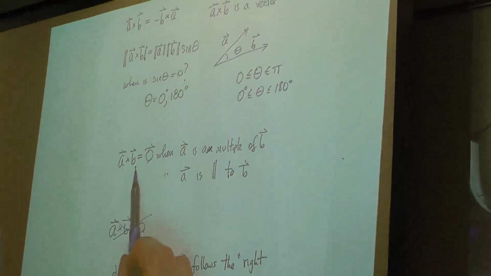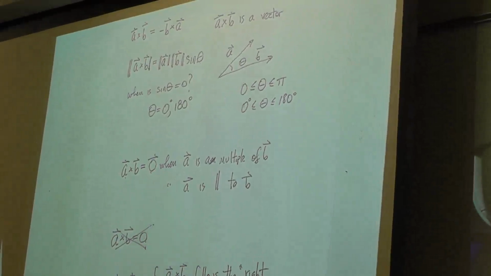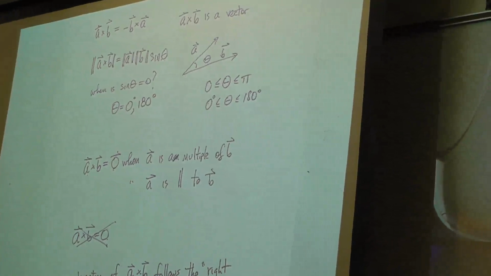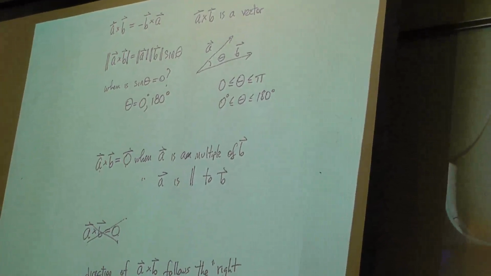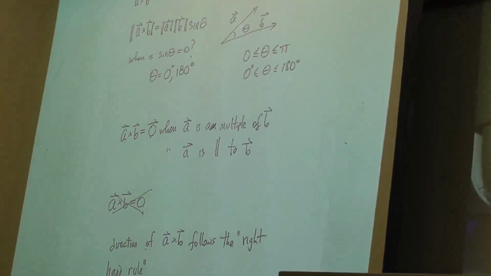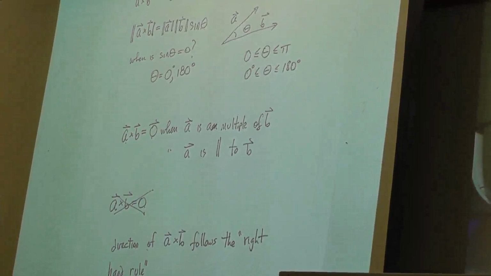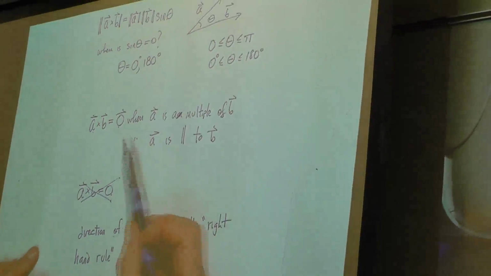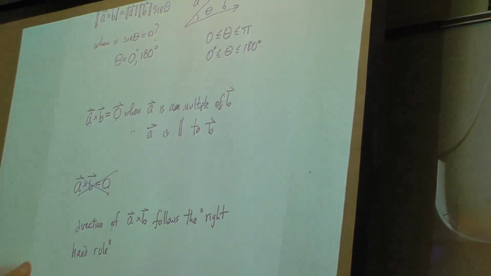If two vectors are orthogonal, their dot product is 0. But those are different zeros. Dot product 0 is a number, cross product 0 is a vector. Can you say that one more time?